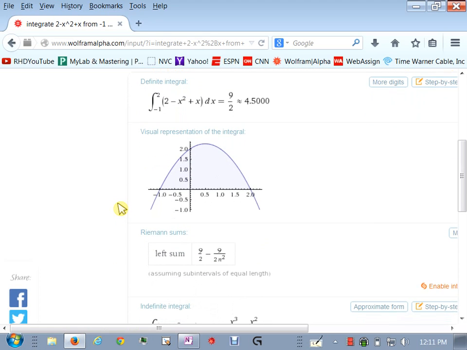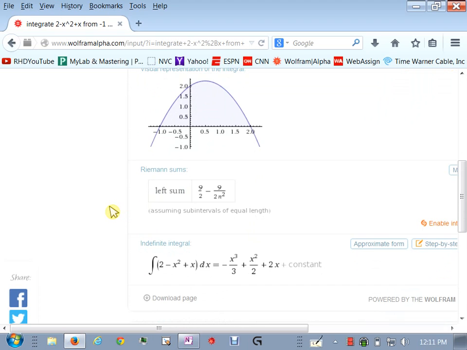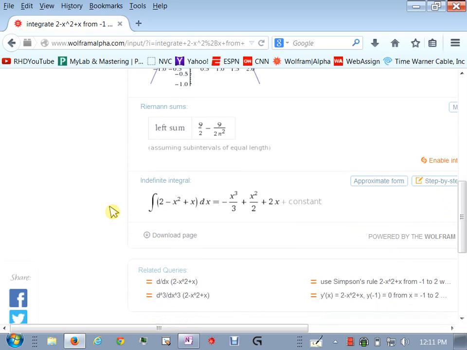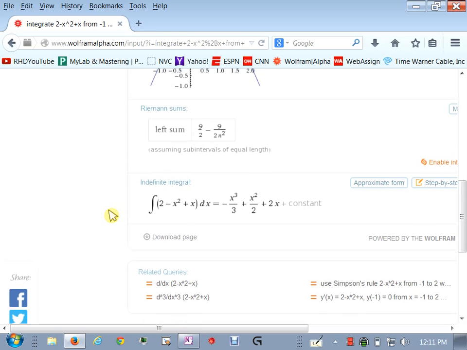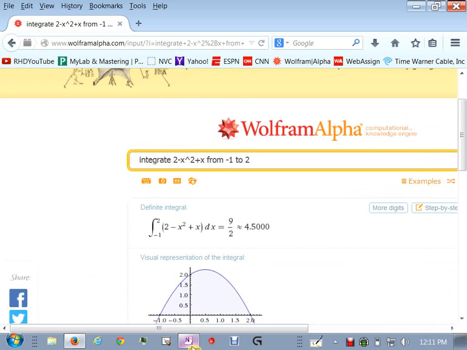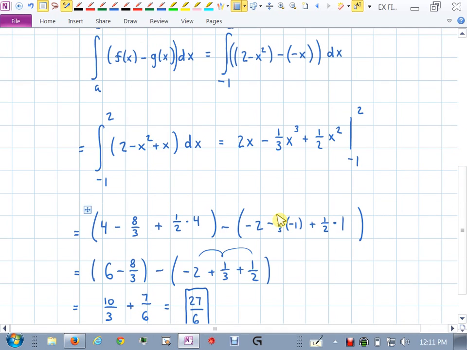Where did we go wrong? 2 minus x squared plus x, right? That was it?